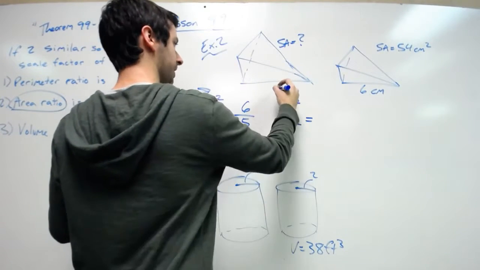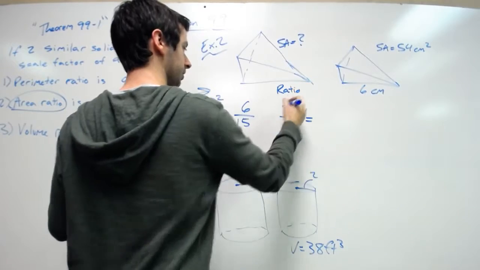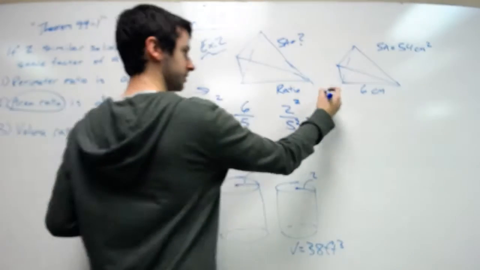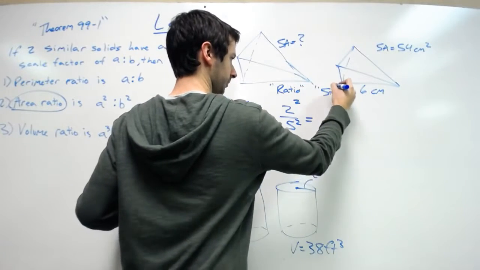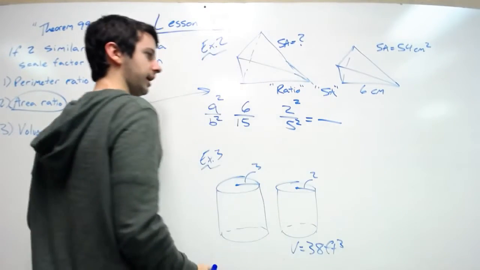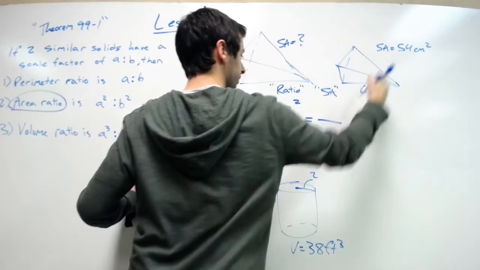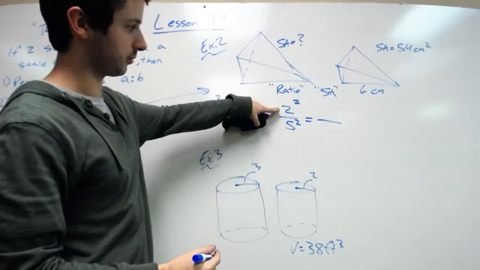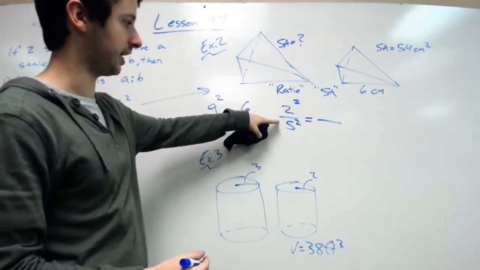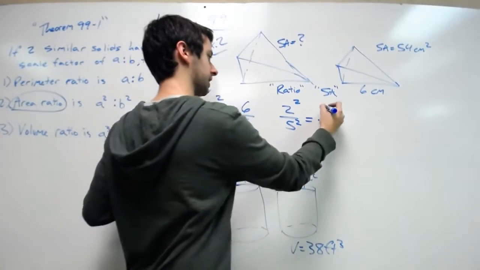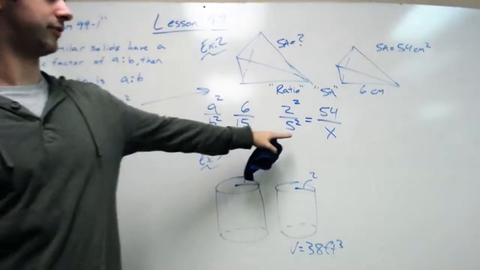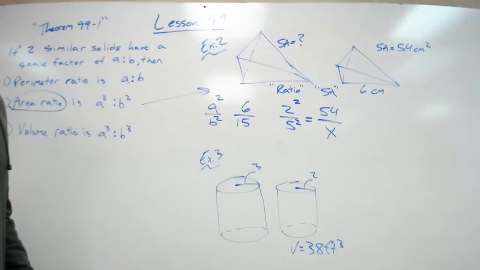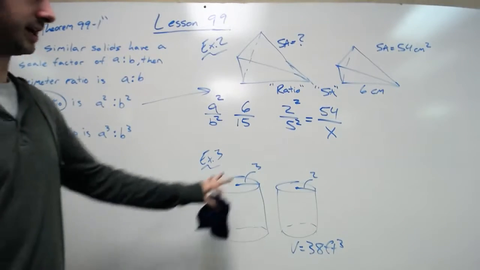Imagine this is my ratio column. My other side is my surface area column. Well, I know the surface area for the smaller one, so the 54, well, the smaller one is on top. We put the 2 to 5 ratio, so the smaller one's on top. We want to know the surface area of the bigger pyramid. So that is how you set it up, and then you solve.